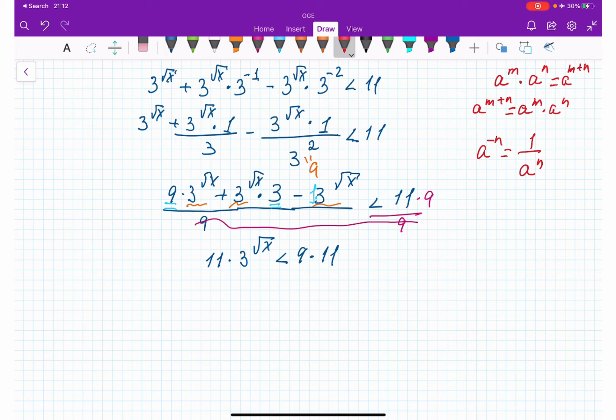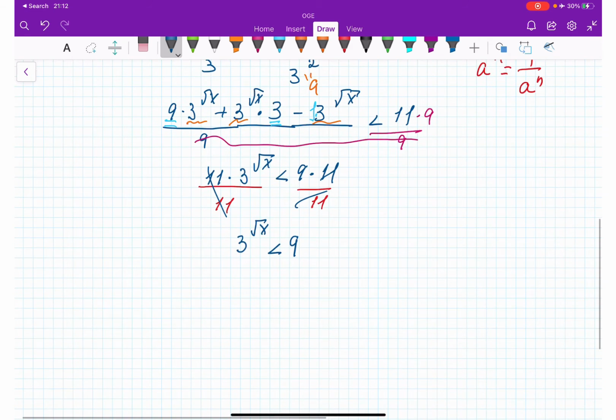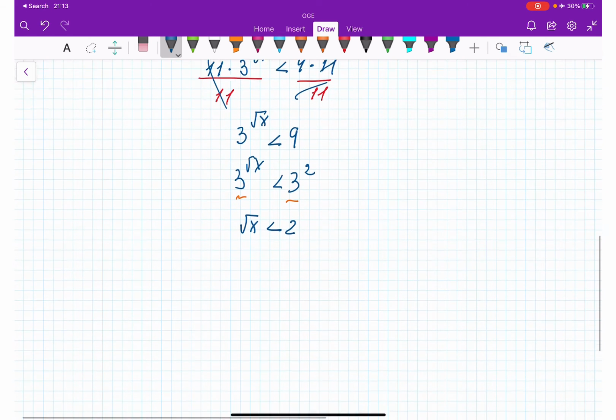Okay, so from here I'm going to divide by 11 here and 11 here, which is gone, and I'm getting 3 to the power square root of x is less than 9, or I can represent 9 as 3 squared because I need to have the same base. So I can write down, if the base is the same, then the exponents also: square root x is less than 2.